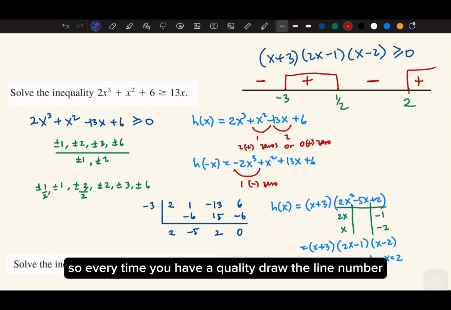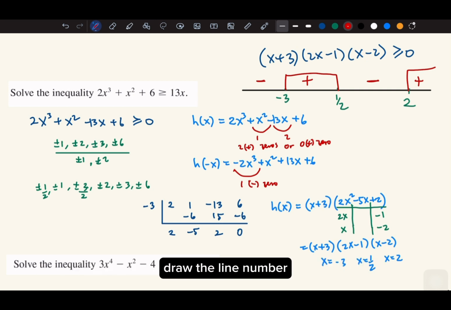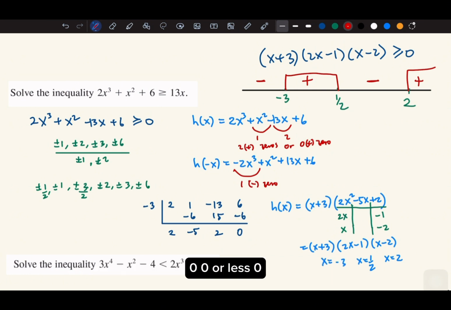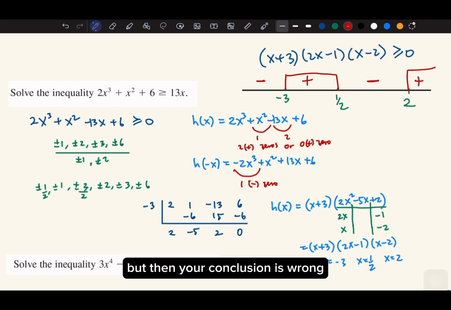Line number. So every time you have an inequality, draw the line number. Draw the line number. Do not make your life suffer. Because if you try to conclude everything from the equation, like, oh, this equals 0 or maybe greater than 0 or less than 0, then your conclusion is wrong.